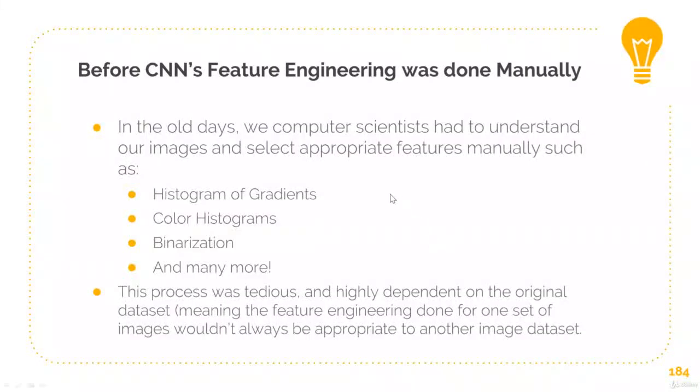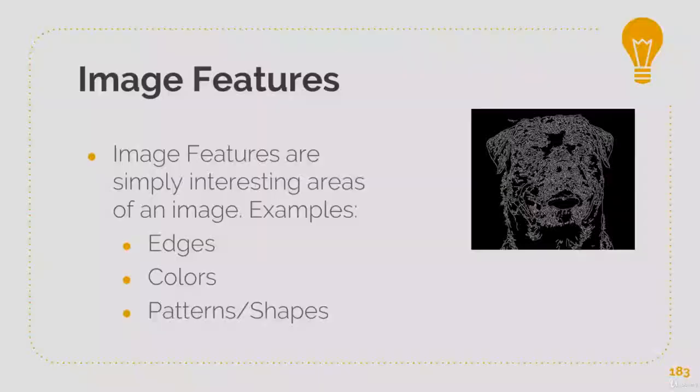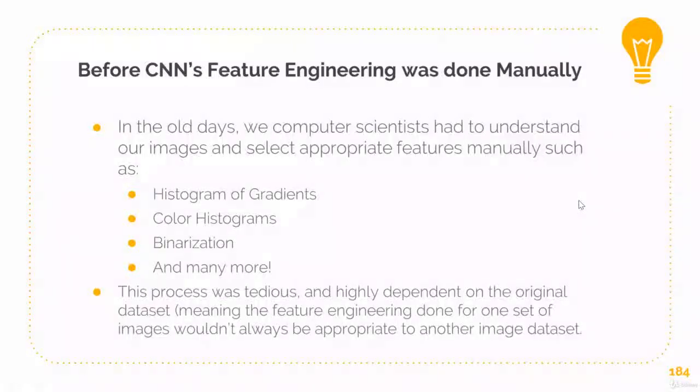So before CNNs came into the picture, scientists did feature engineering manually. Did you see how I just mentioned that these are edges or color extractors or patterns or shapes? Data scientists, and I actually had to do this at one time, extracted different features such as histogram of gradients, color histograms, binarization, which means like the threshold image, many different things.